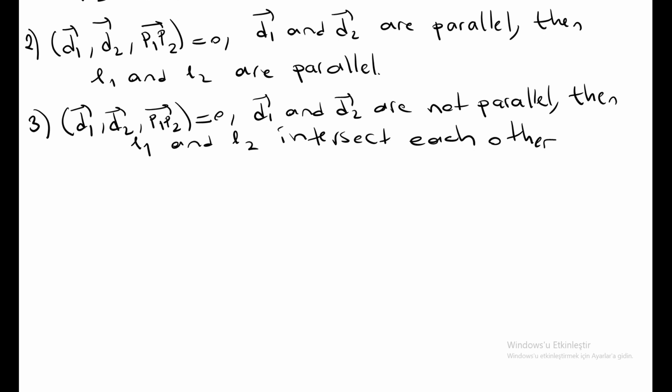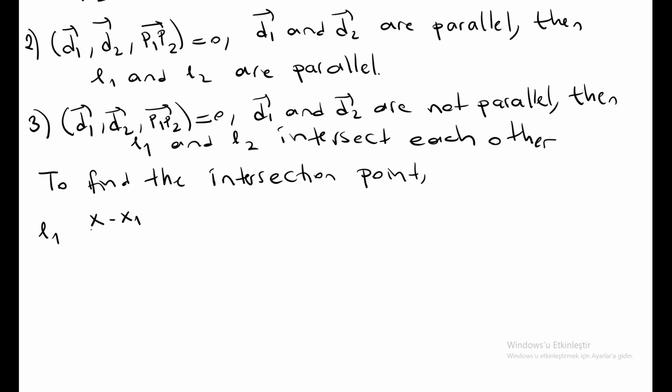Okay, how to find the intersection point? To find the intersection point, now L1 is this because we have the point: x minus x1 over p1, y minus y1 over q1, and z minus z1 over r1.